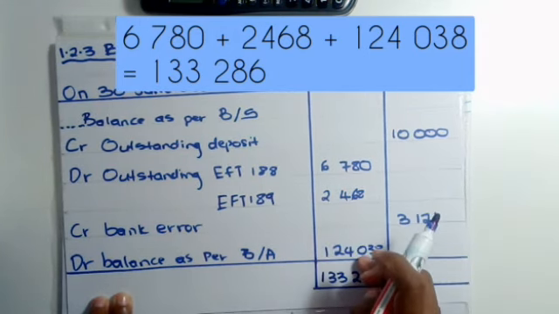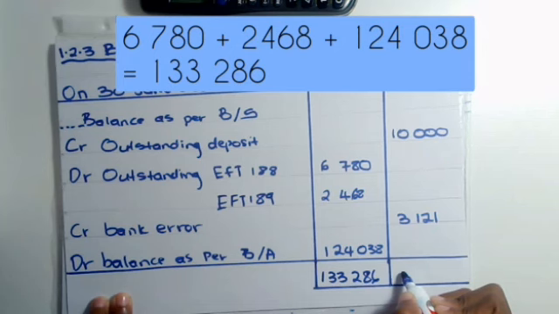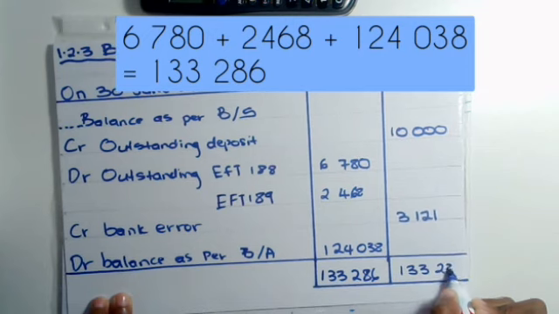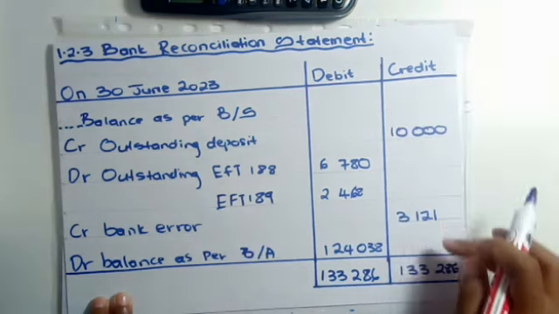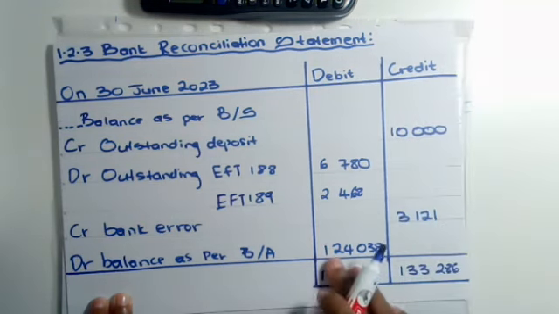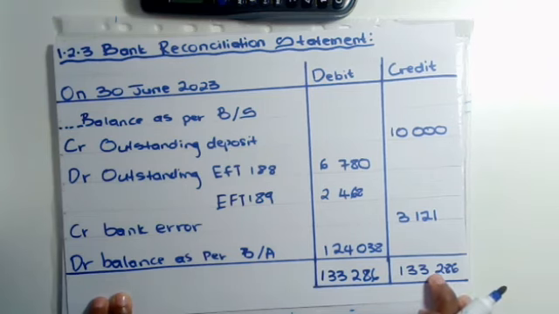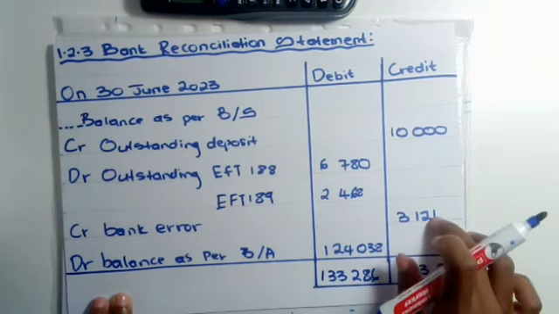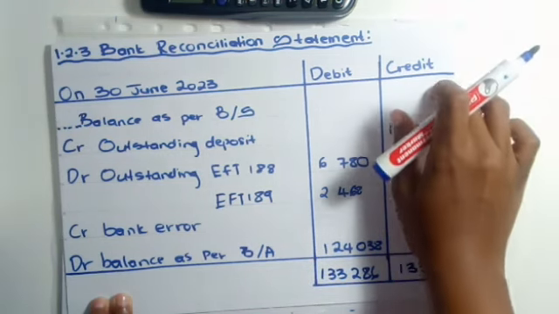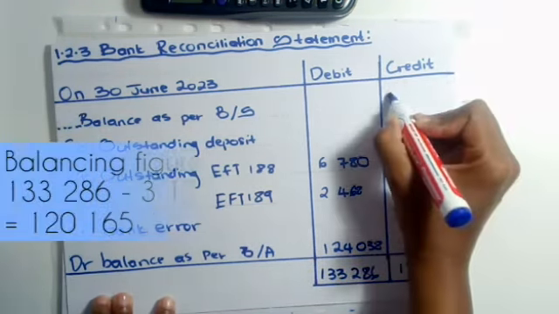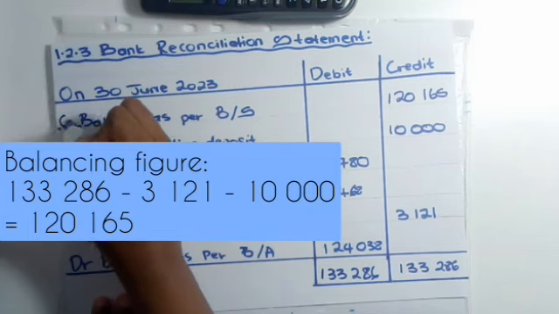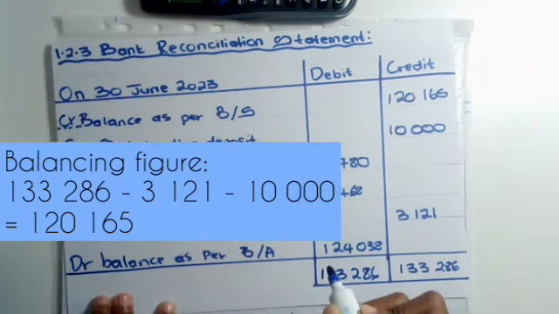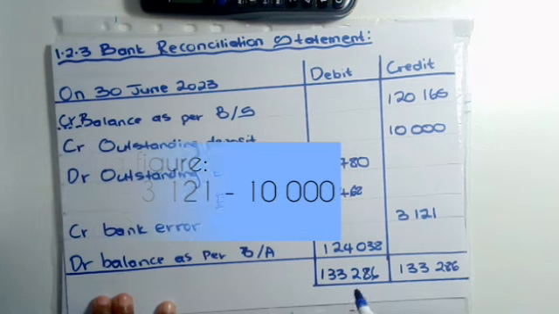This is these three amounts added together, and since they are this side, we know that they need to balance, so we are going to put this amount on this side as well, and whatever is missing is going to come here to make sure that this amount is going to give us this total in the end. So you will start with this amount minus this one and minus that one, and it will give you 120,165 here, which means that our balance as per bank statement is on the credit side.